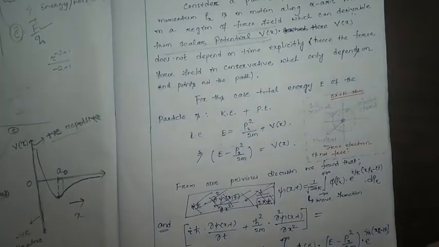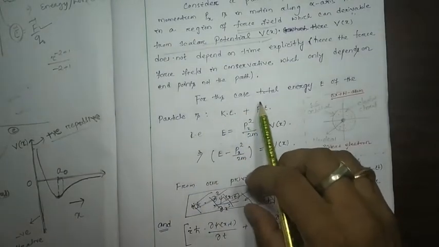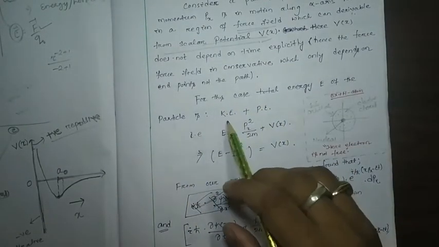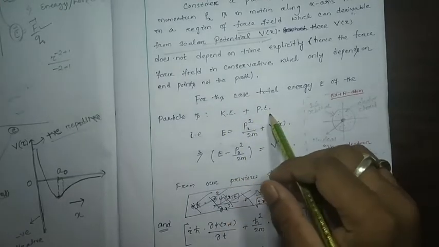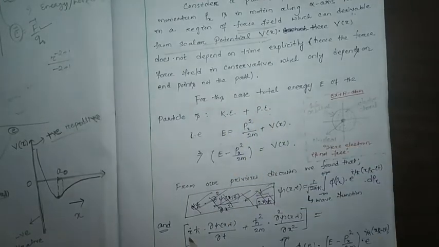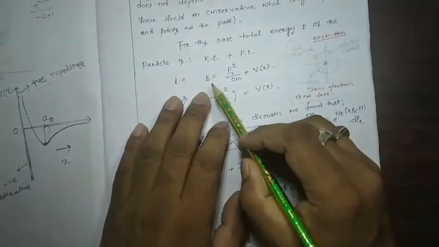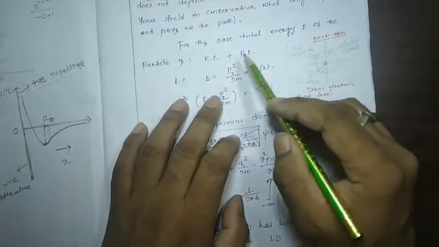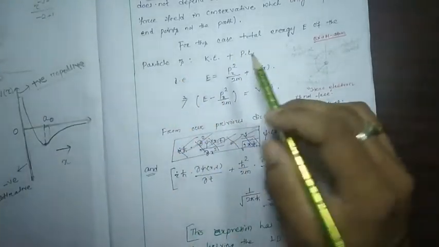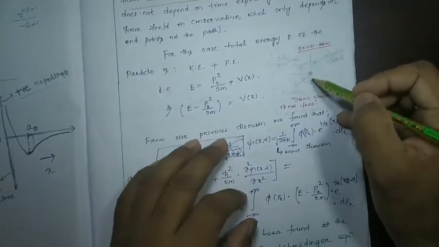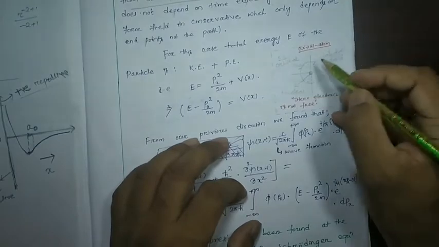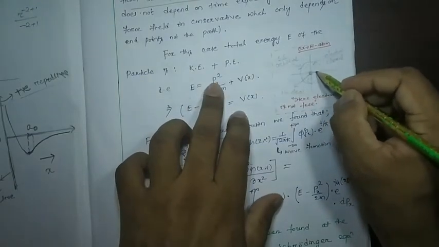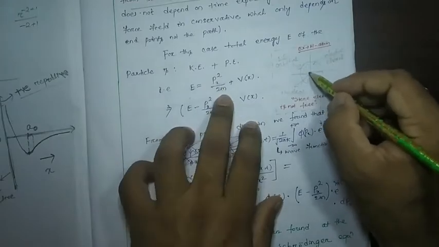For this type of case, the total energy of the particle in the system belongs to kinetic energy plus potential energy. The total energy can be represented by E. The kinetic energy, if we consider only the x-axis, so the view is 3D, but we are considering this equation only for 1D motion.